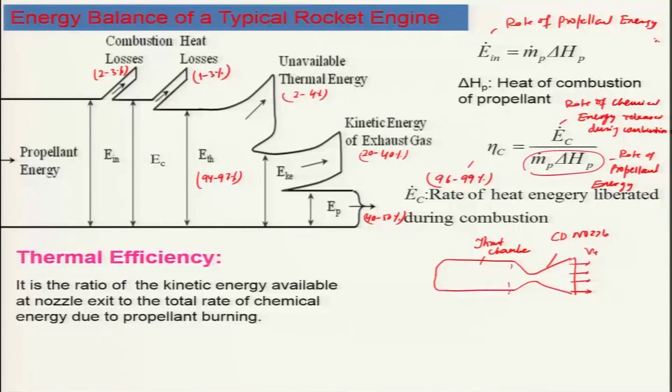At this point a certain amount of energy will be available, and the rocket is moving with a velocity V, which is the flight velocity, and let us say a person is observing here.